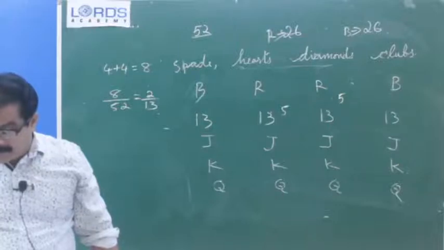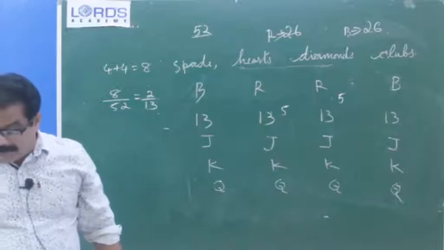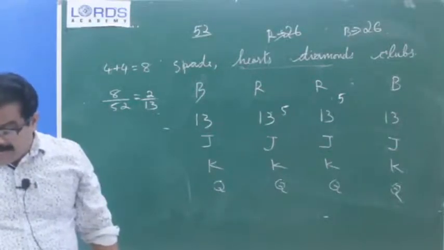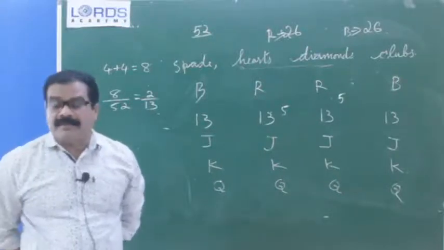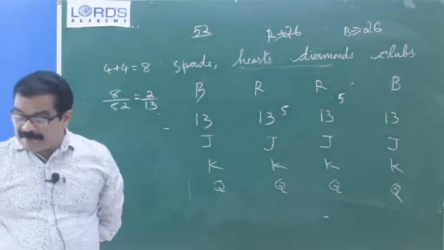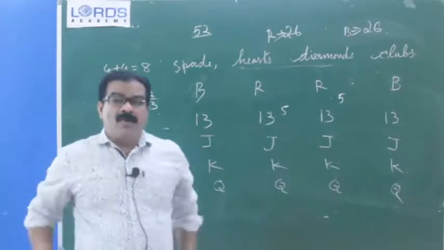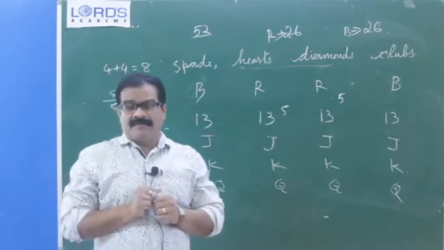The next one, what is the probability of getting ace and king? Sixth one, ace and king. When you get ace and king, what is the meaning of that? You have to take the intersection of these two cards.